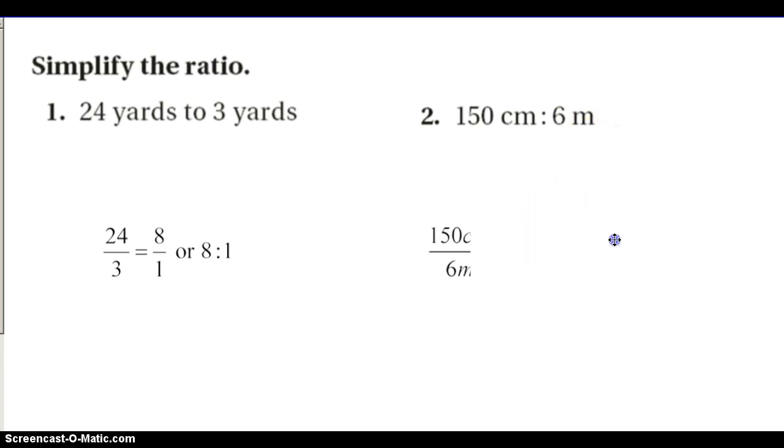So 150 centimeters over 6 meters is 150 over 600, because there's 100 centimeters in a meter, or 1 over 4. Again, as I said before, if there's a 1 in the denominator, you must keep it in your final answer.